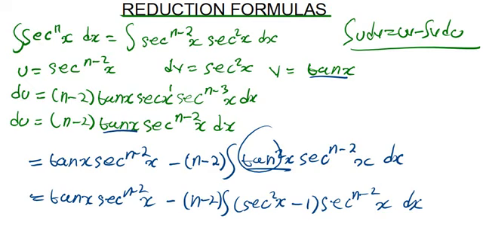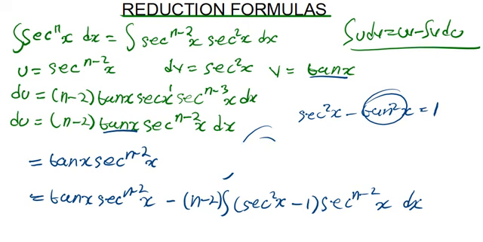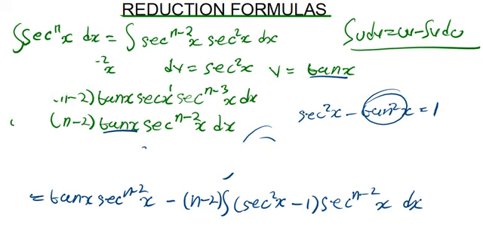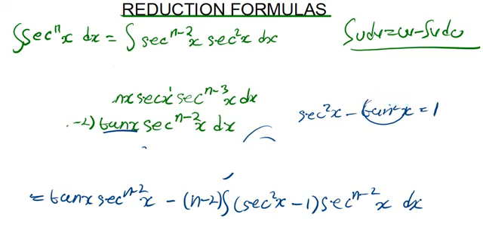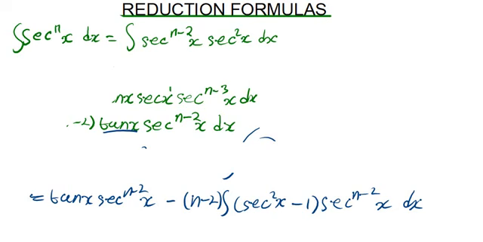I just wrote it in terms of the identity sec squared of x minus tan squared of x is equal to 1. So I made tan squared of x the subject of the formula, and that's what I ended up with. It's just a matter of taking it step by step, but of course we are not done. We still have a few more steps to go.